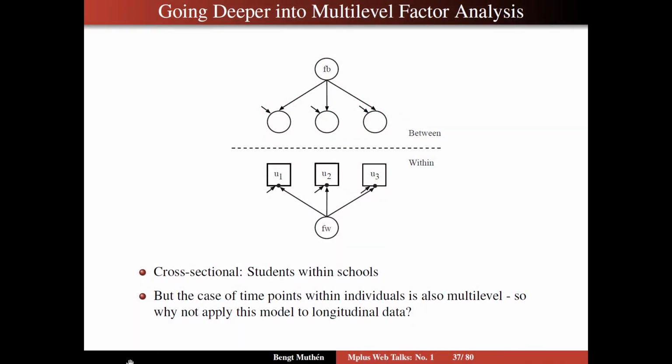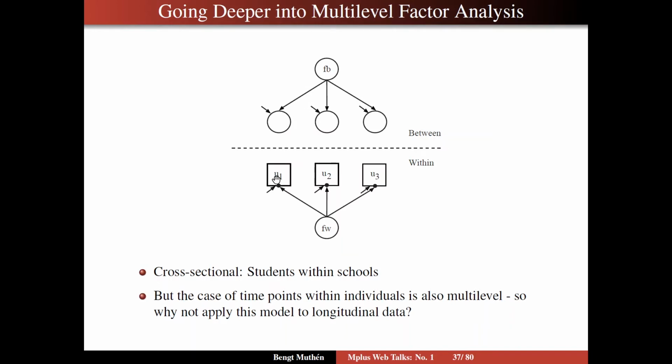On slide 37, we will be going deeper into multi-level factor analysis and see where it can take us into new kinds of analyses. So we have the standard multi-level setting here with a prototypical example of students observed within schools.